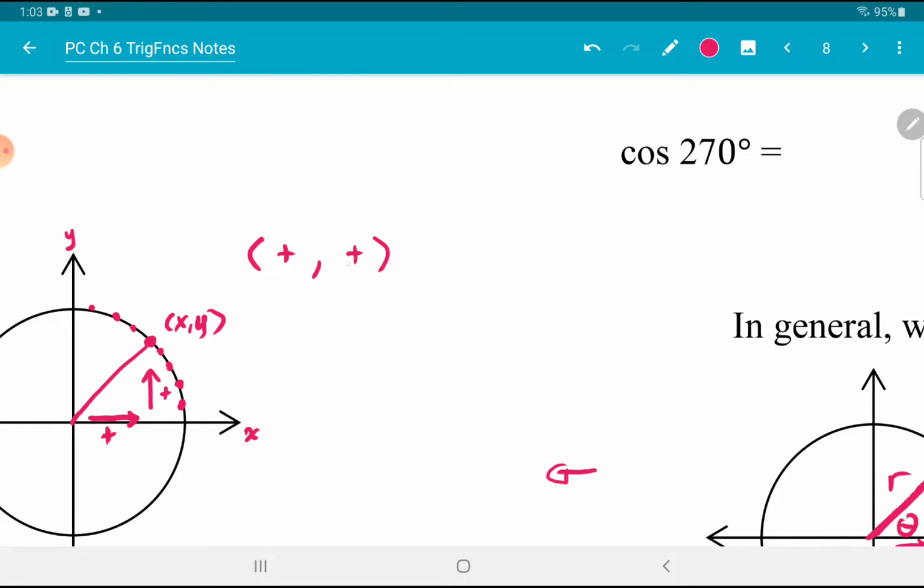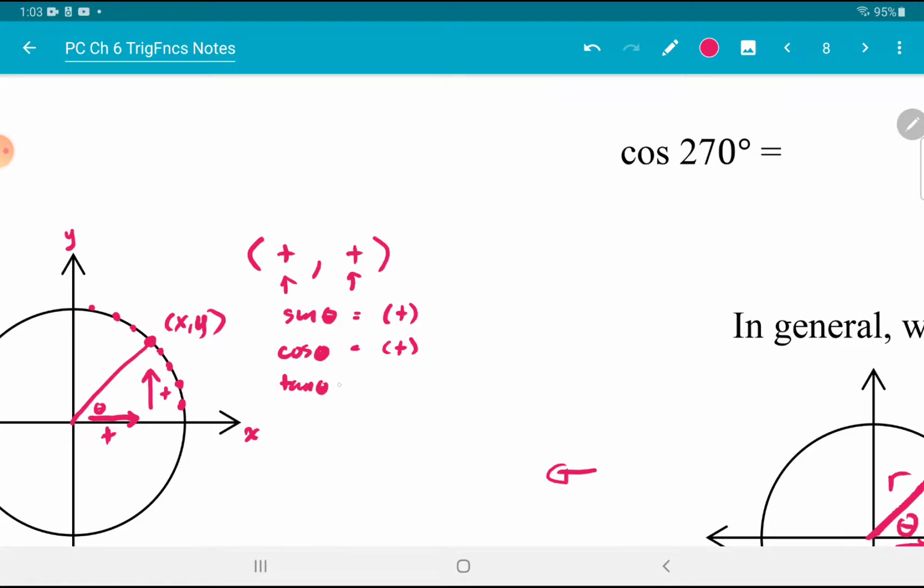Because you have positive values throughout this entire quadrant, what that leads us to see is that if you look at this triangle, you're always going to find that sine of theta, as you can see in this ordered pair, is a positive value. Cosine of theta is also a positive value.